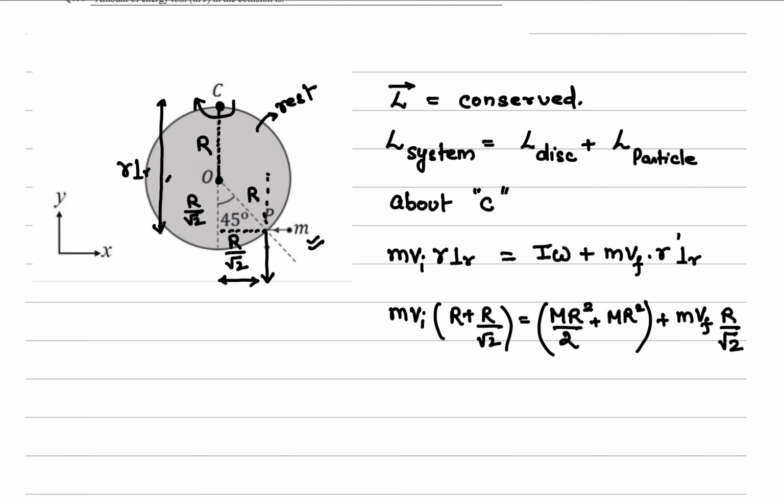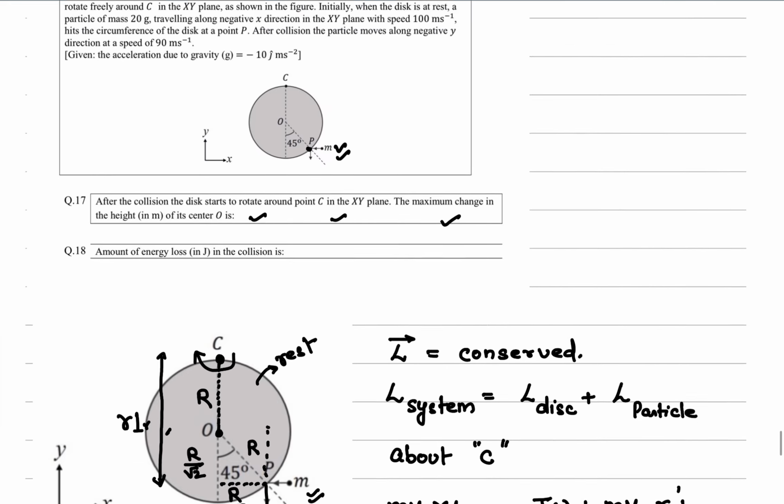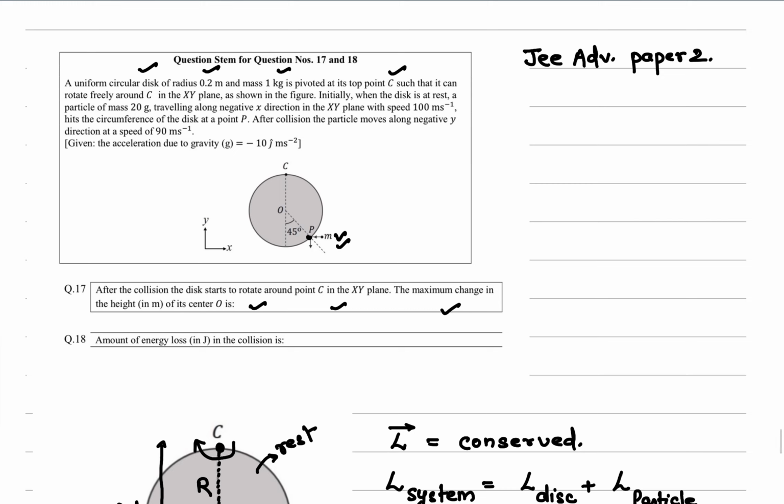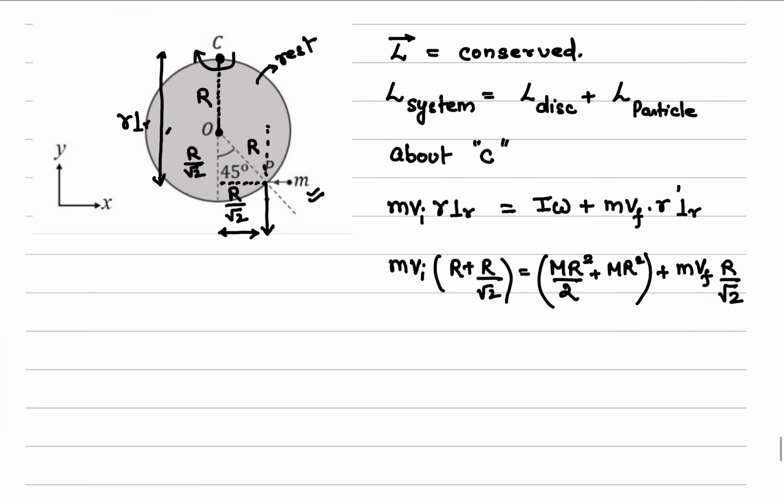Now let us go back to the question again. Initially, the particle was moving with 100 meter per second, and after the collision the particle moves along negative y with 90 meter per second. You are given the mass as 20 gram, so you can put 20 by 1000. Initial velocity is 100 meter per second, final velocity is 90 meter per second.